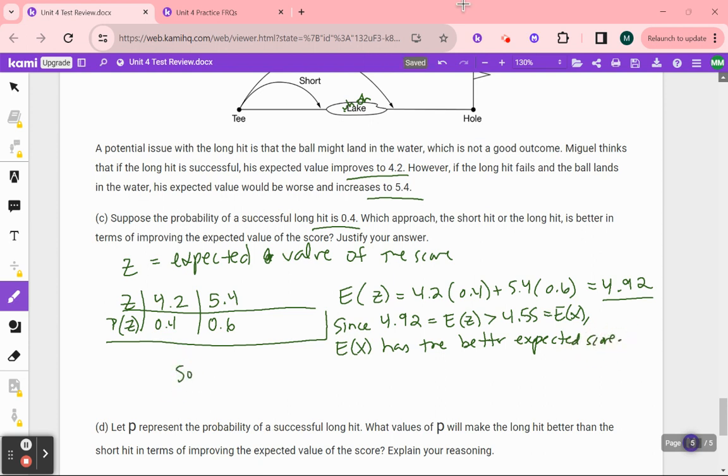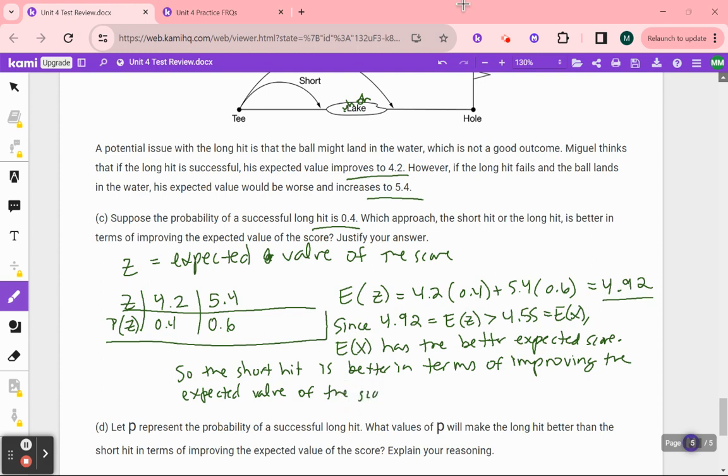So the short hit is better in terms of improving the expected value of the score, since lower scores are better in golf.